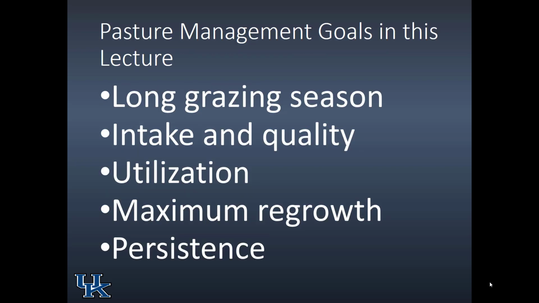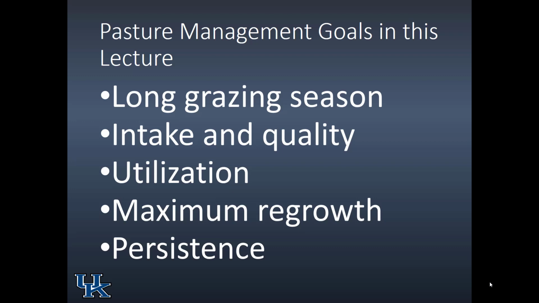At this point, I want to list some pasture management goals that are going to drive these next 3 lectures, and I'll try to use them in an outline that you can follow fairly clearly as you go through this. But some pretty safe and pretty major pasture goals for any pasture, any situation you find yourself in. Number 1, having the longest possible grazing season, and understood in that is at a reasonable cost.